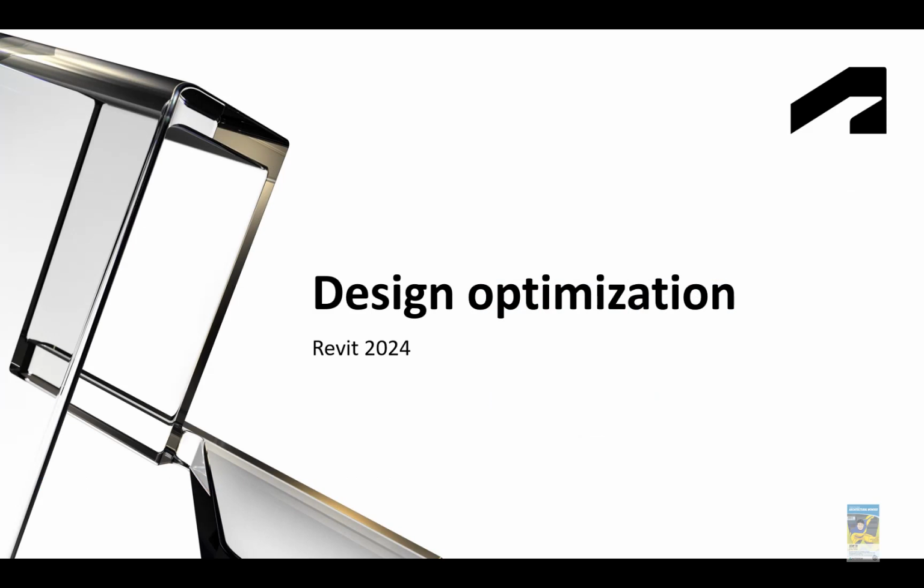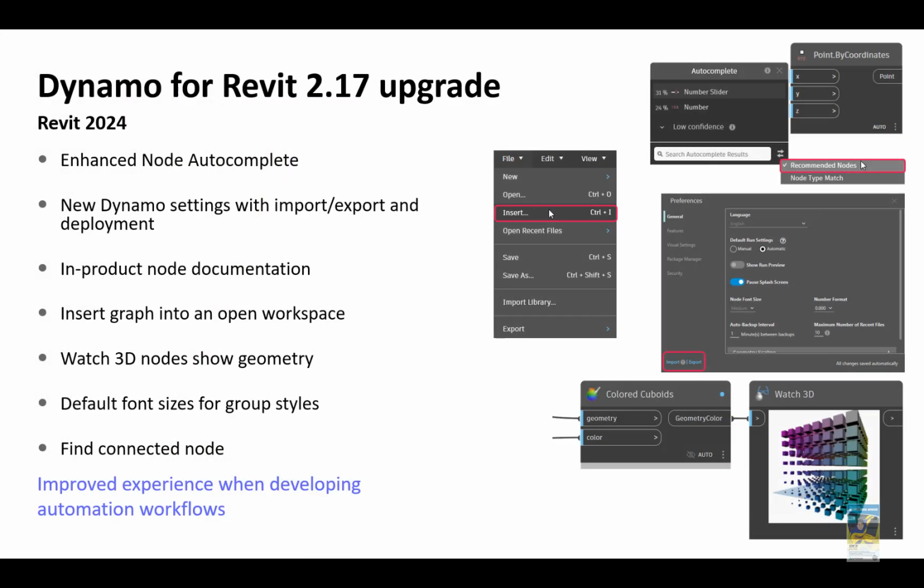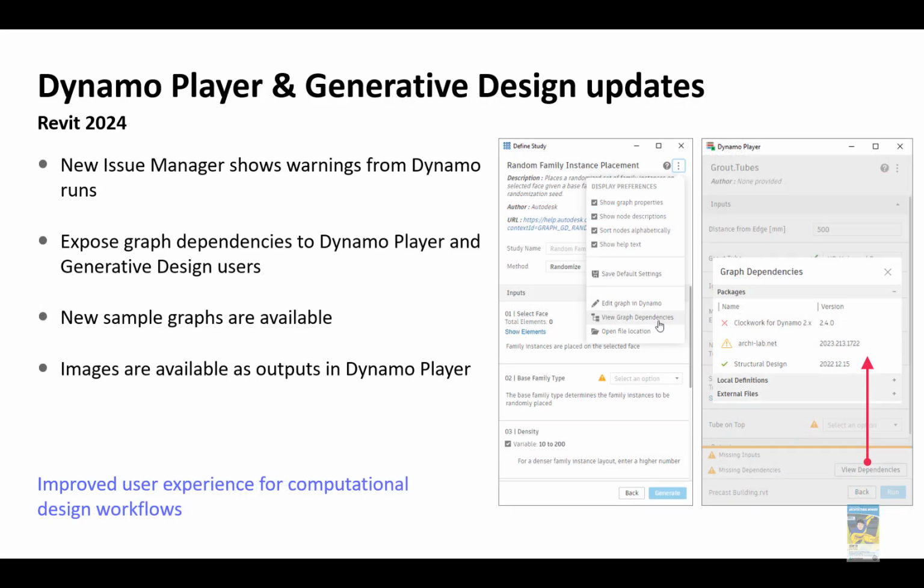And then under design optimization features, you now have enhanced node autocomplete for Revit Dynamo 2.17, so that's the latest engine. The Dynamo Player and generative design tools have also been updated.